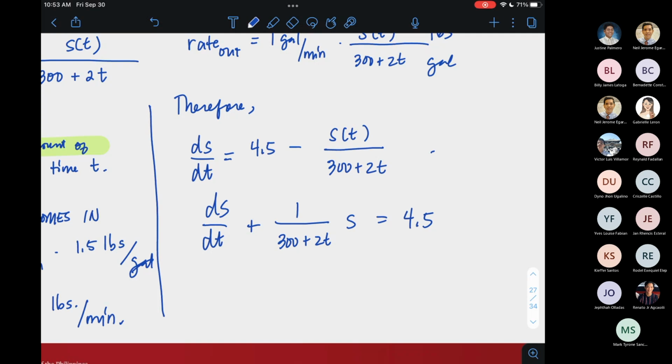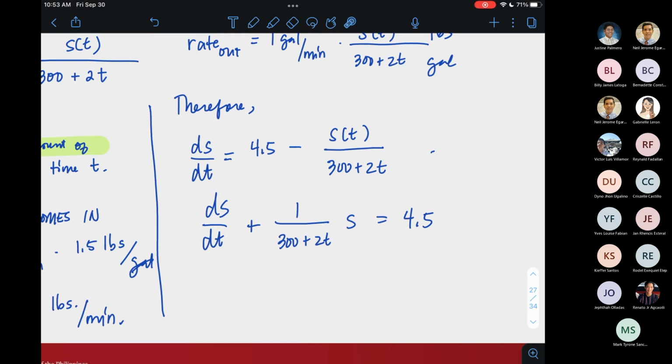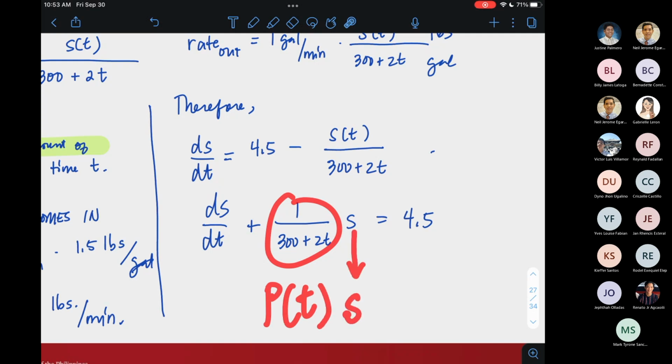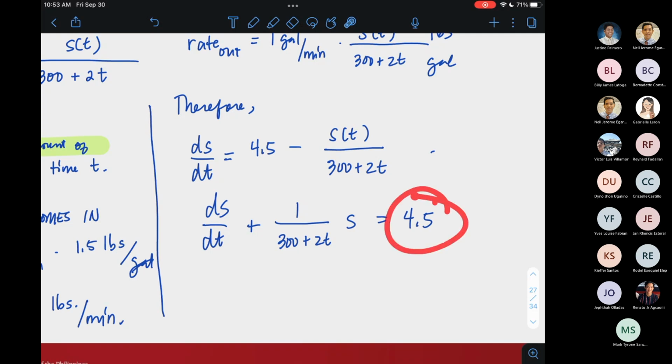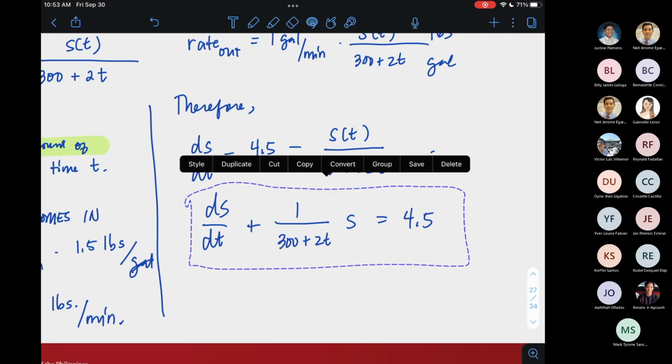And this equation is in standard form. Ito ay p of t lamang, function of time, times the dependent variable equals a function of t alone, which is better because it is just a constant. So essentially, we have a first order linear equation na naka-standard form na.